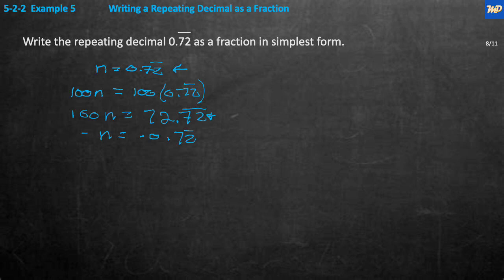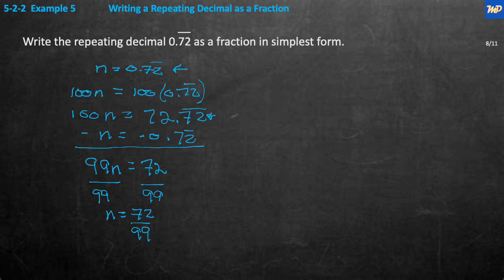So now I end up with 99n is equal to 72, because now the 0.72 repeating and this 0.72 cancel each other, so we're left with 72. So 99n is equal to 72, and then we divide both sides by 99, and we get n equals 72 99ths.